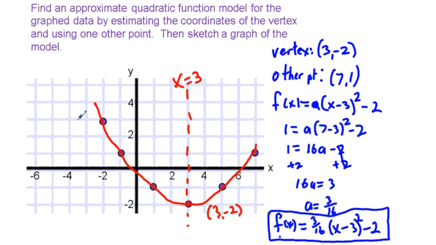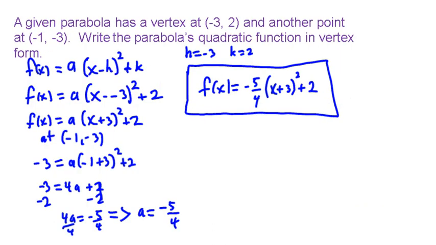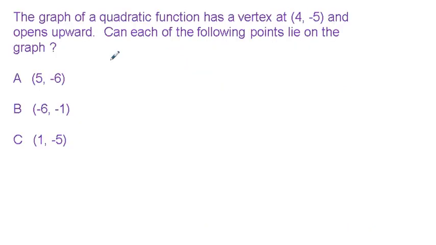Okay, let's go over to the next problem. The graph of the quadratic function has vertex at 4, negative 5, and opens upward. Can each of the following points lie on the graph? So for this, my recommendation is just to draw a sketch of what's going on.